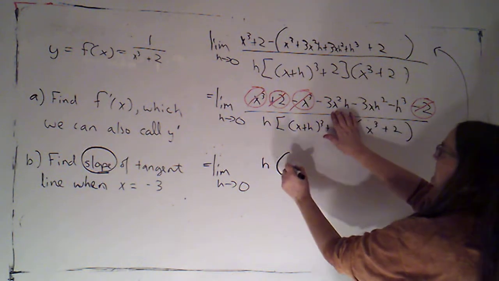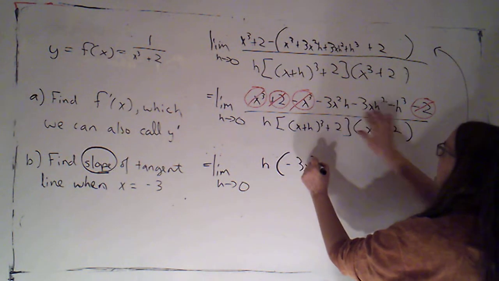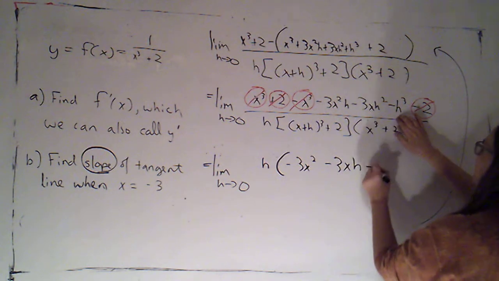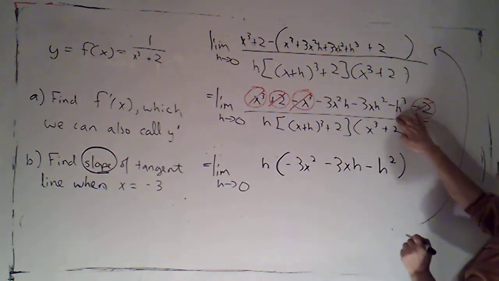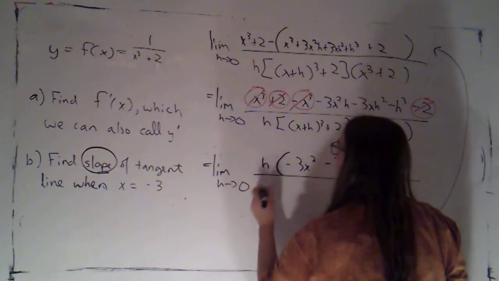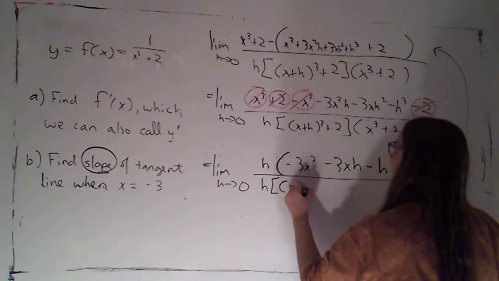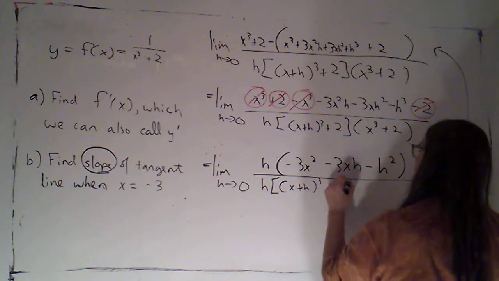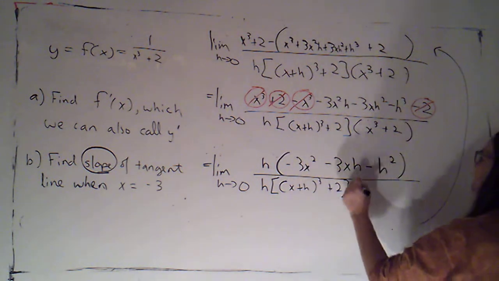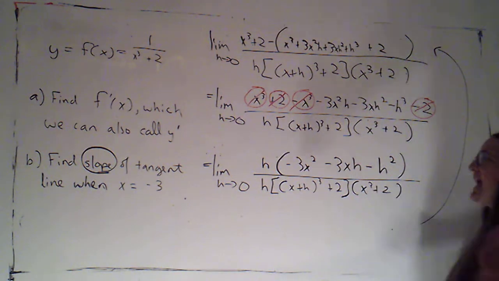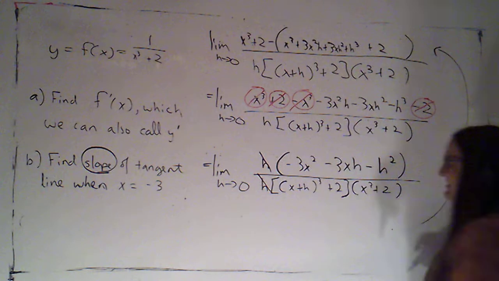So here that's going to leave me negative 3x squared minus 3xh minus h squared, all over h times (x plus h) quantity cubed plus 2 times x cubed plus 2. And we can cancel the h's.